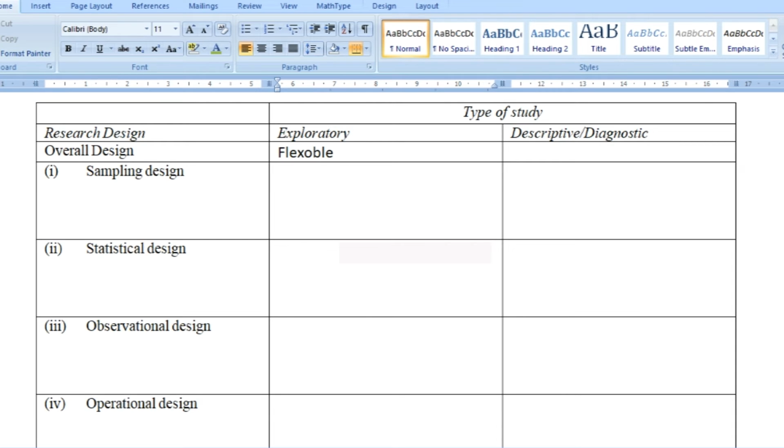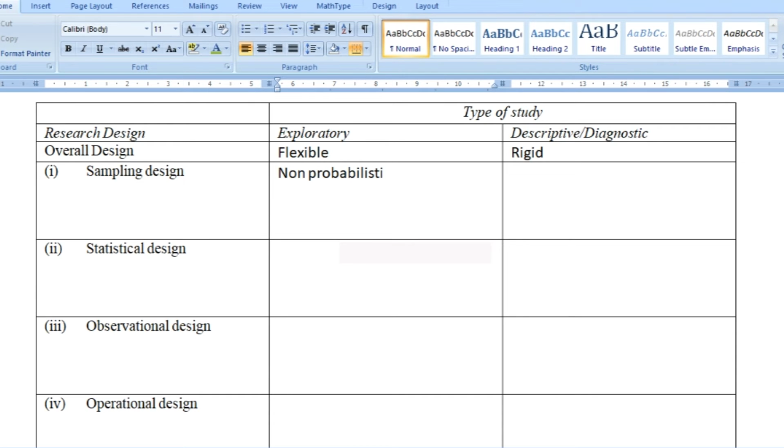The overall design in exploratory research is flexible in nature, while in diagnostic or descriptive it is rigid. As far as sampling design is concerned, we make use of non-probabilistic sampling procedures while designing the exploratory research design.